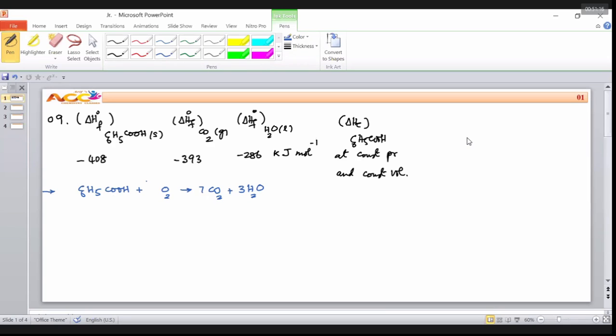Already 2 are available. 15 by 2. This is solid. This is gas. This is gas. And this is liquid. Now, when he says enthalpy, these all are at constant pressure. We have learned it. At constant pressure, enthalpy. At constant volume, internal energy.